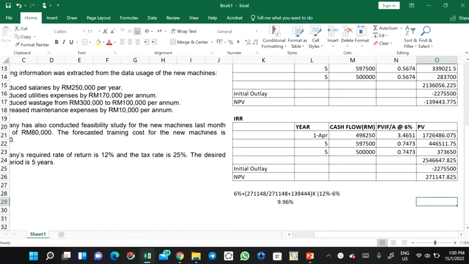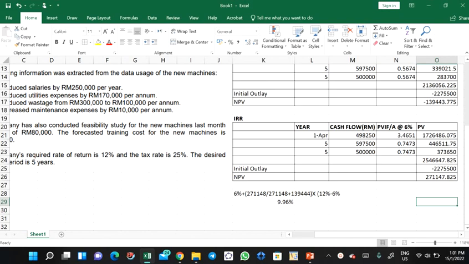So now we can answer part C. This will advise the management whether the company should proceed with buying the new machines or not. Give reasons for your answer. So the answer should be no, because the NPV is negative and the IRR is 9.96%, which is lower than the required rate of return, that is 12%, even though the payback period is less than 5 years.